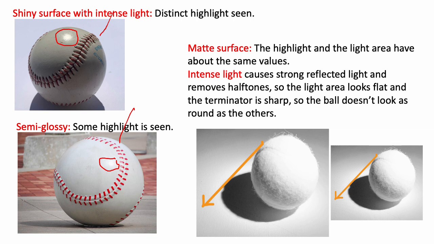This tennis ball has a matte surface, so the highlight and the light area merge together because we only see distinct highlights on shiny surfaces. The intense light causes reflected light in the back of the ball. It also removes many of the halftones, so the light area is just one value and the terminator is very distinct. And that makes the ball look less spherical than the other balls.